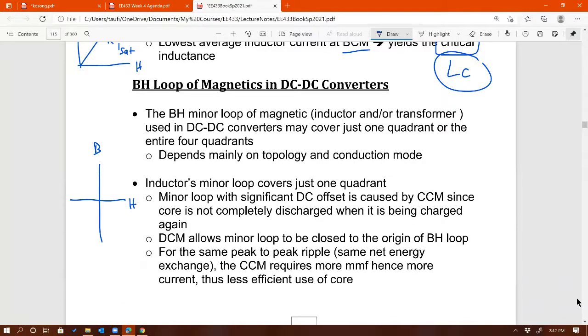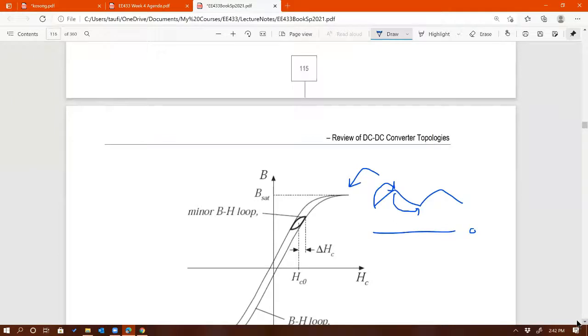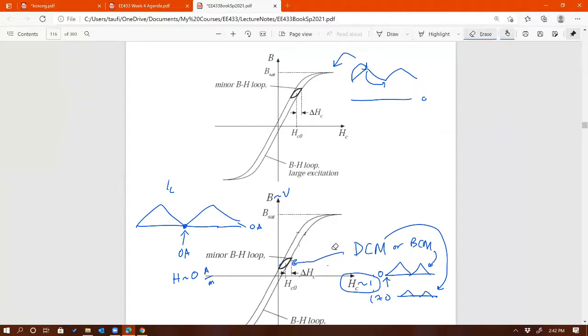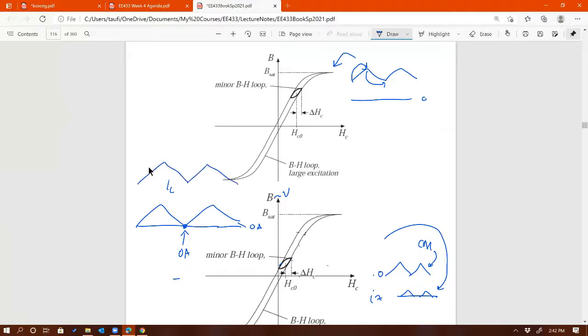All right. And then another thing with CCM and DCM, another point I have on the previous page, let me erase this, is that imagine this is the same triangle waveform. As I increase the power, I shift the triangle waveform upward.